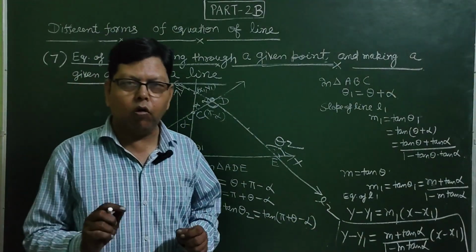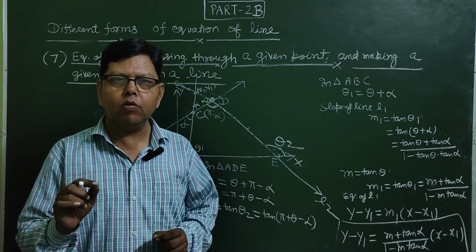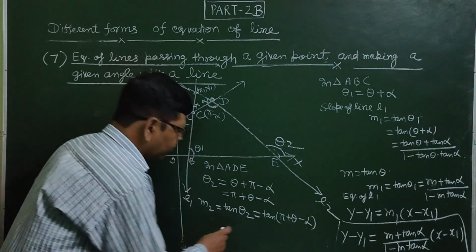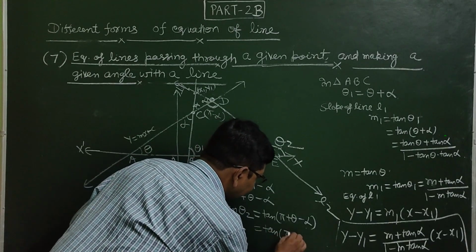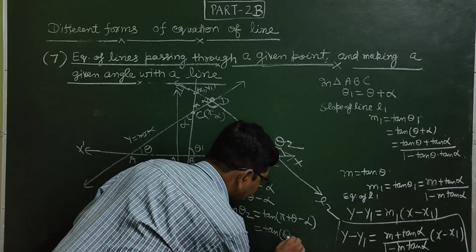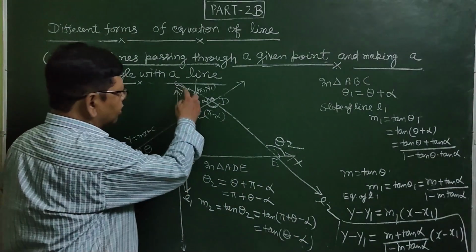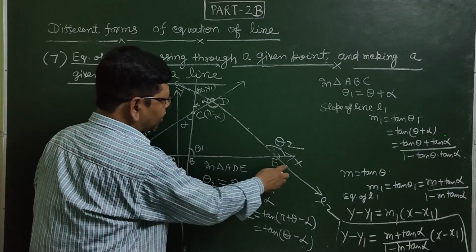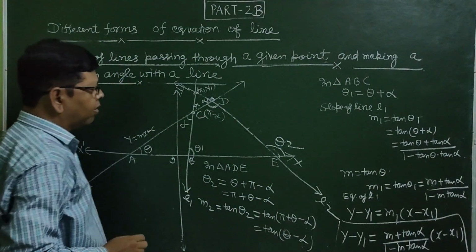And you know that tan of 180 plus theta is equal to tan theta. So we can write this as equal to tan of theta minus alpha. Now we have got the slope of this line, and this line is passing through the point x1, y1.